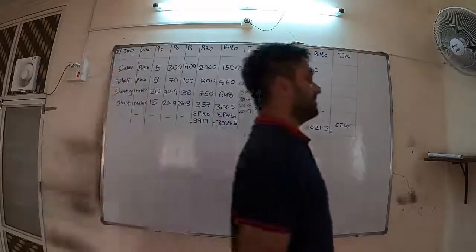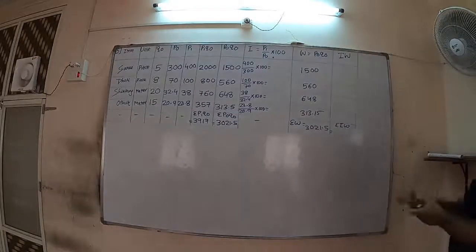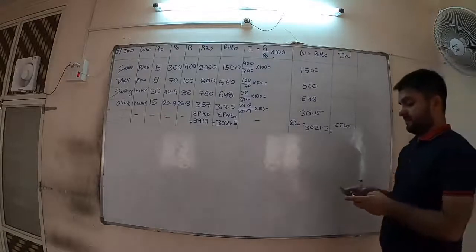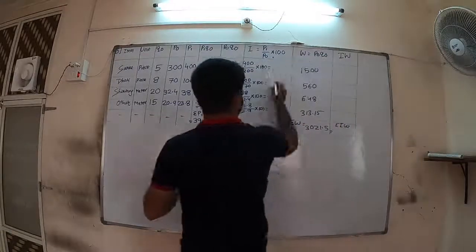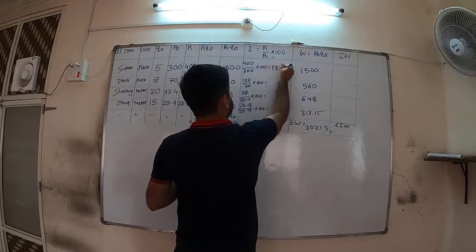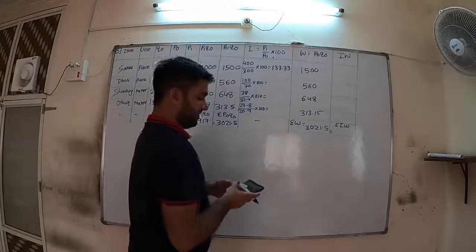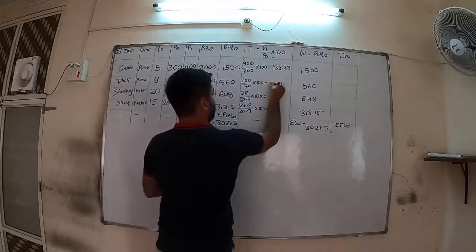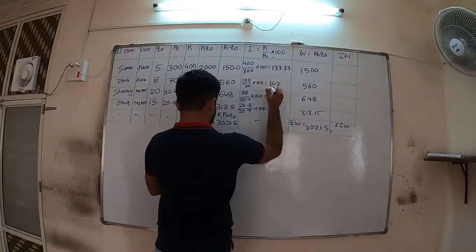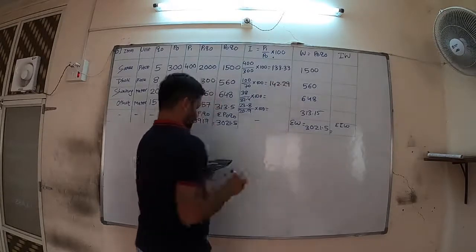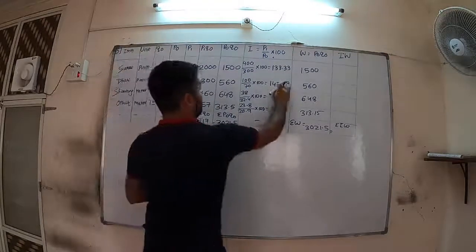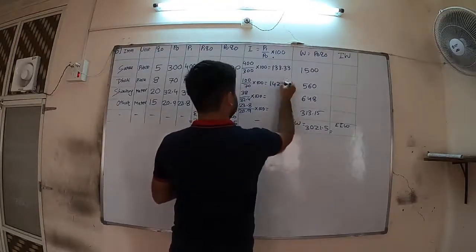Let us do this. 400 divided by 300 multiply 100 is 133.33. 100 divided by 70 multiply 100, 142.29. Sorry, 142.86.